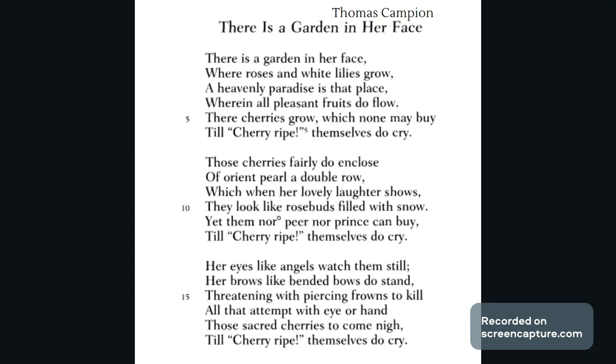And then in this metaphor, we have the tenor, which is the object described, which would be the teeth, and then the vehicle would be this orient pair of double rows. So the vehicle is the idea called upon when referring to this object.